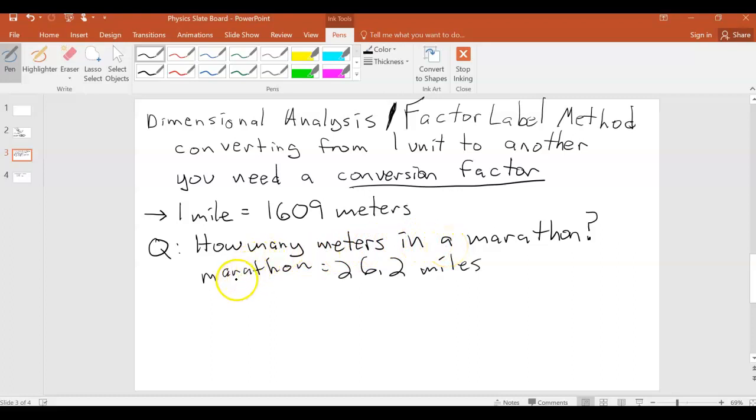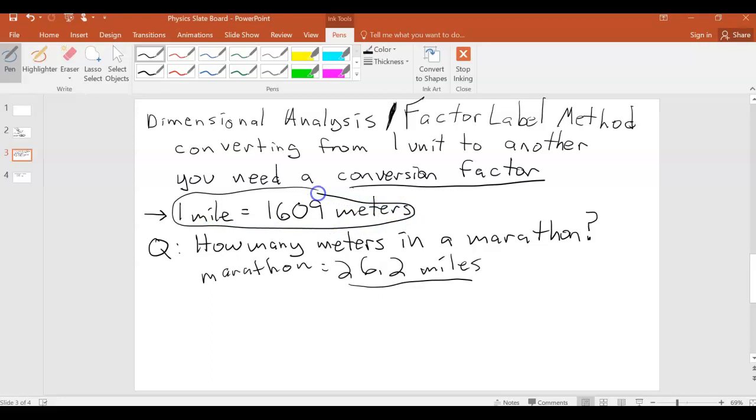So we already talked about a marathon being 26.2 miles, and we're looking for how many meters. We need a conversion factor, and we have a nice clean one, which is right here.